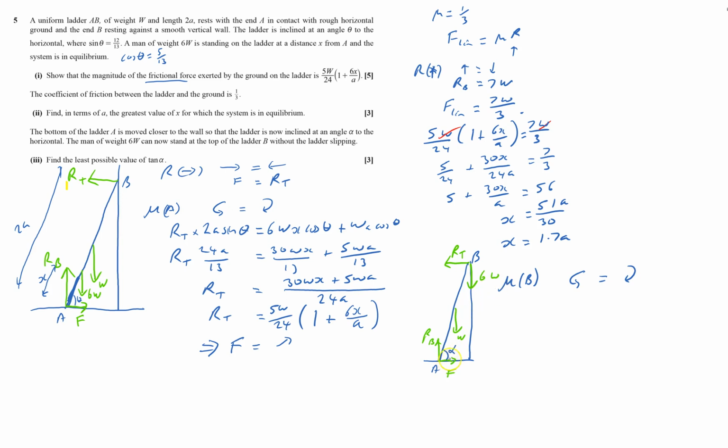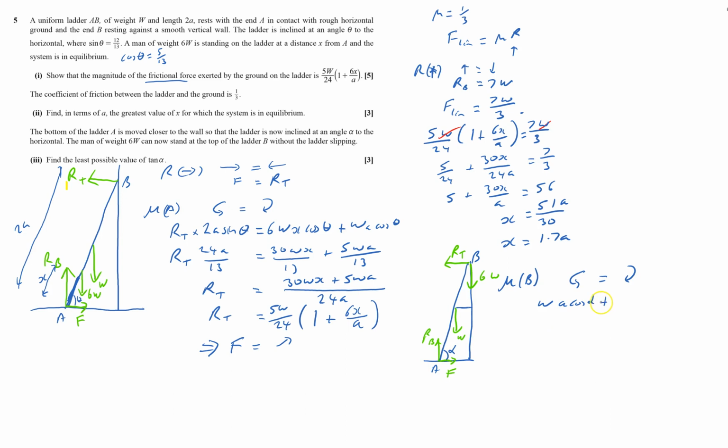So I start off with this W times by the distance here. That's A, so this distance here is A cos alpha. And there's nothing else. And also this is F here, and I've worked out what that F is.